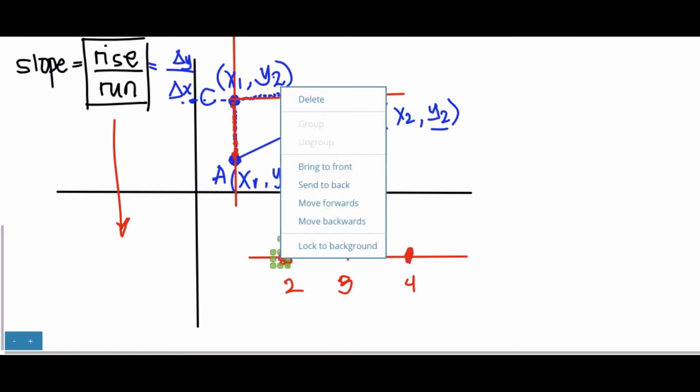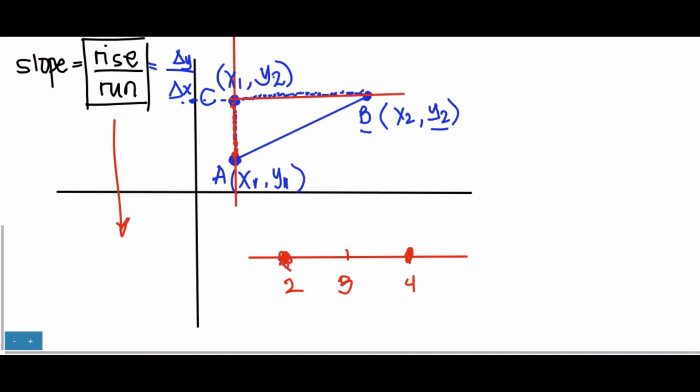Usually, aside from counting the number of units, 1, 2, another way to think about this is that it also refers to the difference between these two values. So 4 minus 2 gives us 2. That means the distance between these two values is just 2, which is correct.